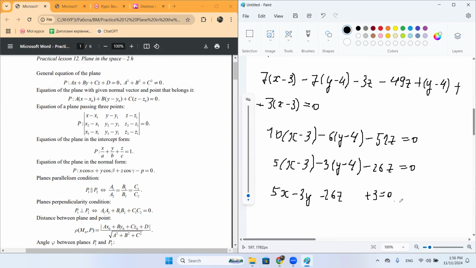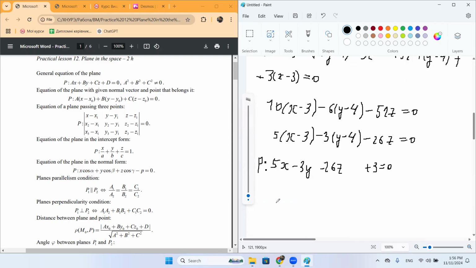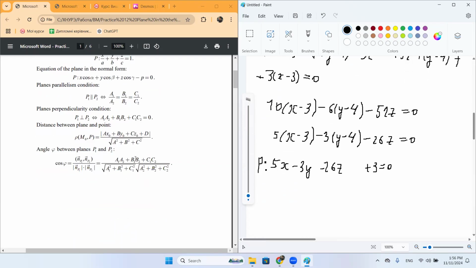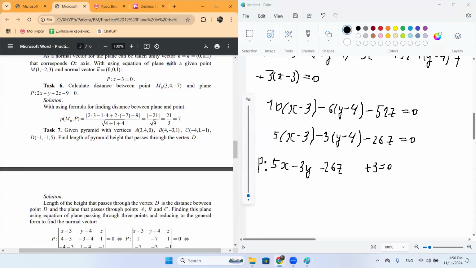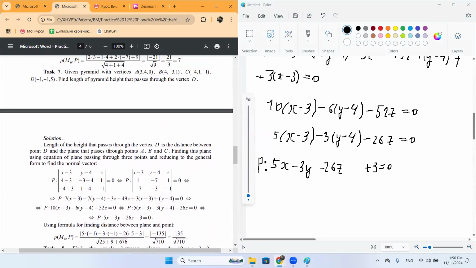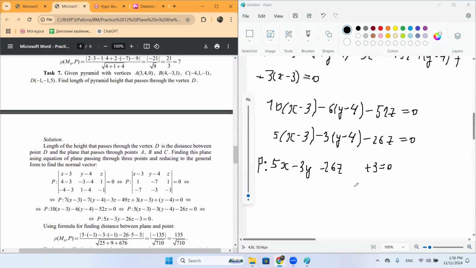So here is the final general equation that we needed. And let me verify that everything is okay. So 5x minus 3y. Yeah. So I missed the sign. So that's good that I verified it. And nobody told me.